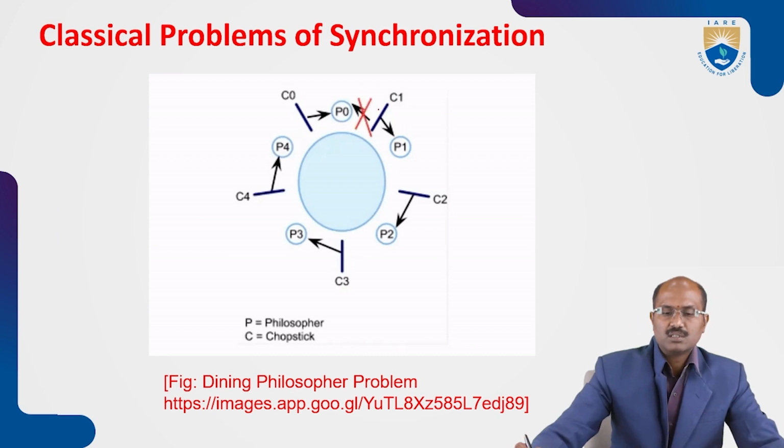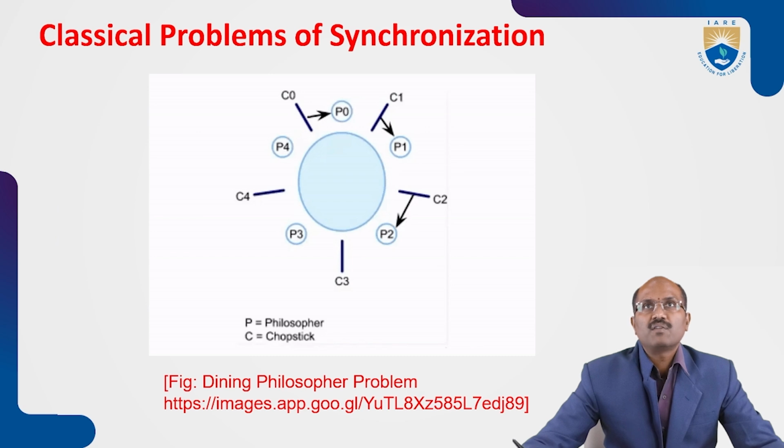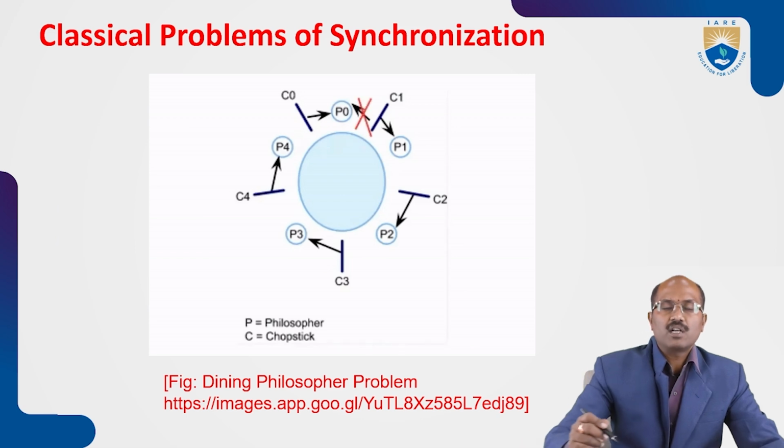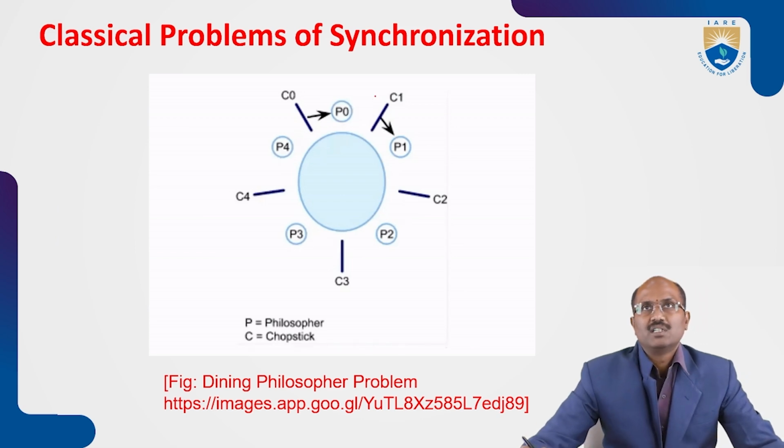See, this is wrong. Philosopher P0 takes C0, P1 takes C1, P2 takes C2, P3 takes C3, P4 takes C4. Again, P4 needs C0, and this is the cross mark indication, which leads to deadlock. Here P0 to P4 are the philosophers and the chopsticks are C0 to C4. Taking a clockwise direction, every philosopher takes one chopstick at a time, then each needs a second chopstick, and this leads to a deadlock.